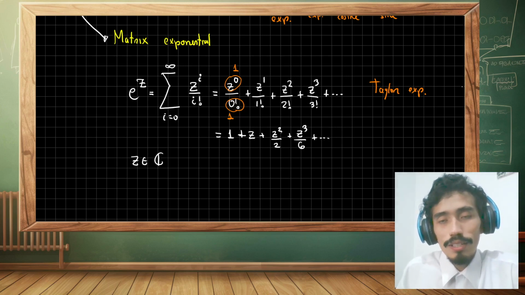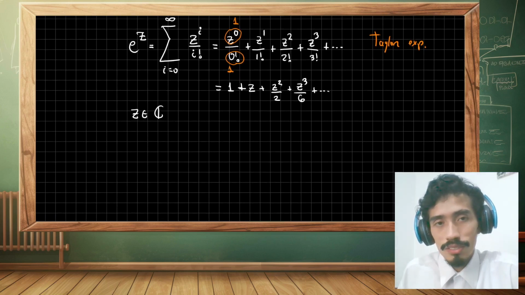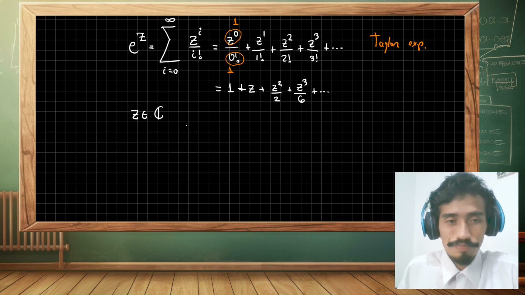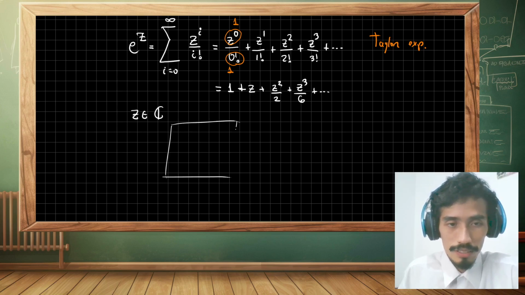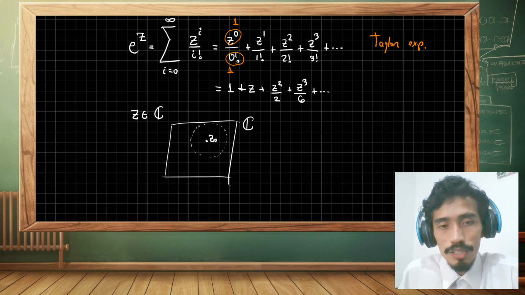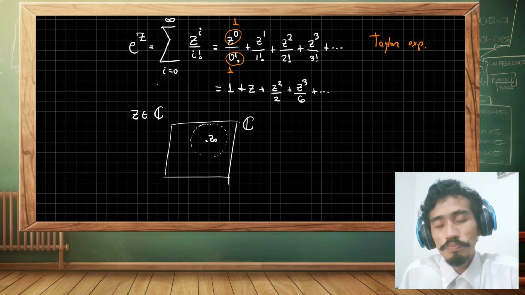Why? Well, the reasons will not be covered here, but let's say you have the complex plane. For every point of the complex plane, let's say zeta sub 0, zeta naught, there is a neighborhood, there is a disk in which you can define this Taylor expansion.